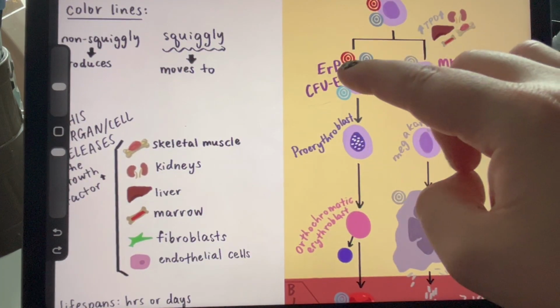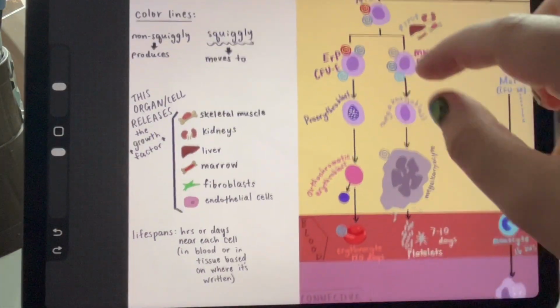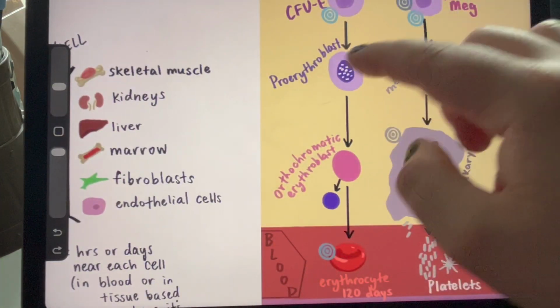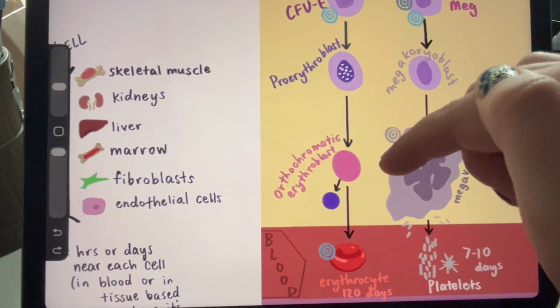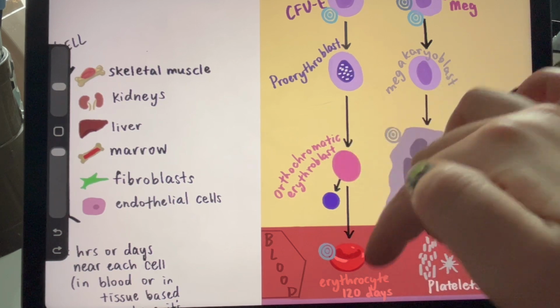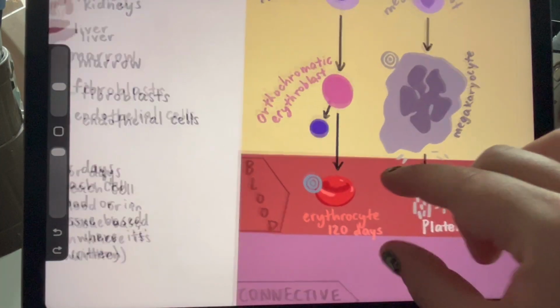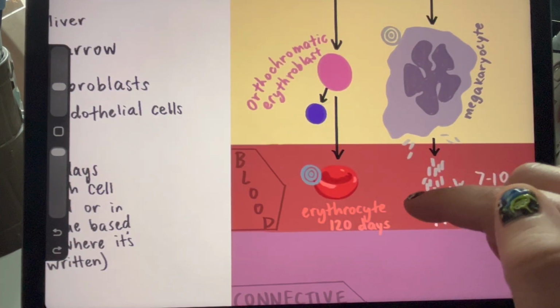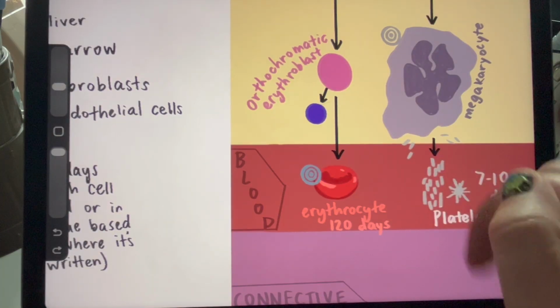When it does, we start with the erythrocyte progenitor cell, and then we've got the pro-erythroblast. And this is called the orthochromatic erythroblast, but it's also a reticulocyte. So if you see increased reticulocytes, there's some red blood cell production going on. And then when we finally get down to the red blood cell, the lifespan of a red blood cell, which I'm sure many of you already know by now, is 120 days.